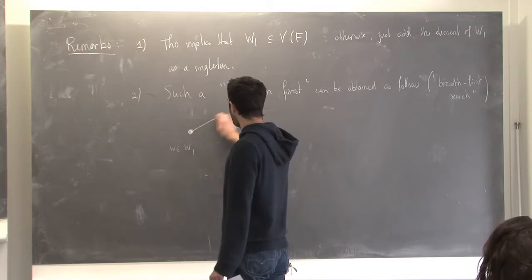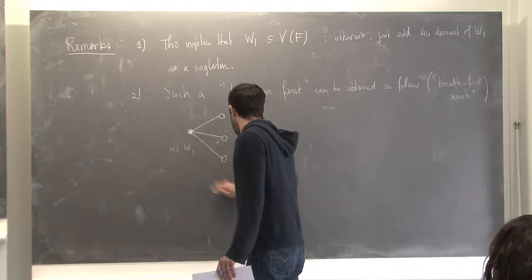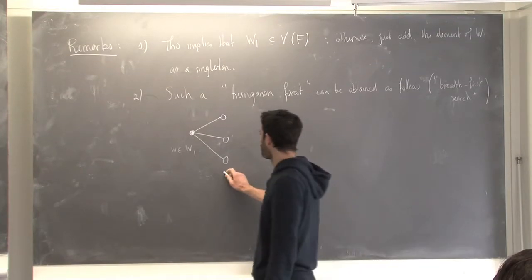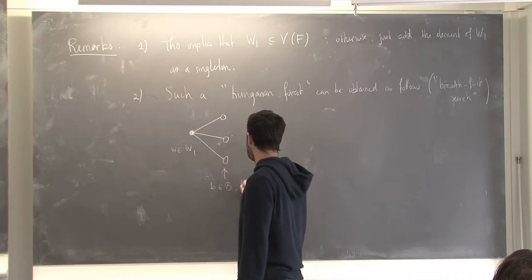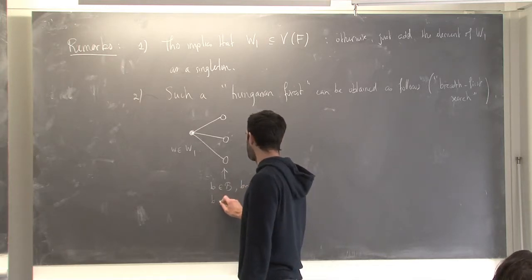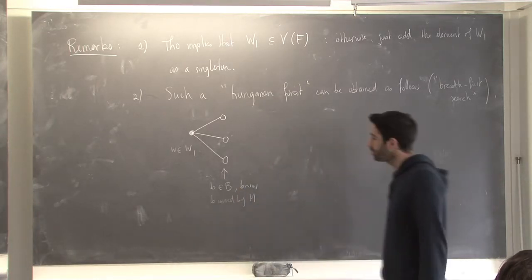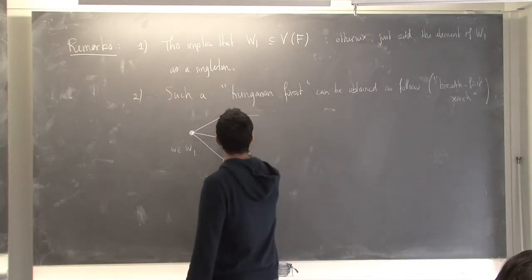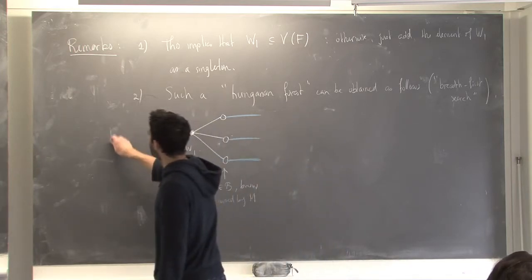And then you look at all the black vertices that are adjacent to it and that are covered by M. So b in B, b adjacent to w, b covered by M. Okay, then you take the corresponding edge. So the blue parts are in M.